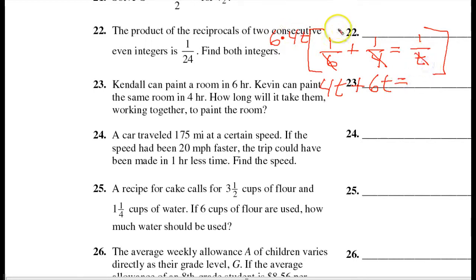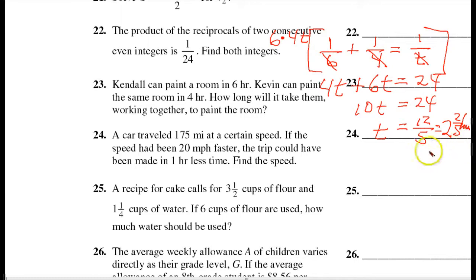Here the t cancels out and I get 24. So I get 10t equals 24, and t equals, dividing both sides by 10, 12 fifths when I reduce it. 24 over 10 is 12/5, which is 2 2/5 hours. That's how long it will take for them to paint that room together.